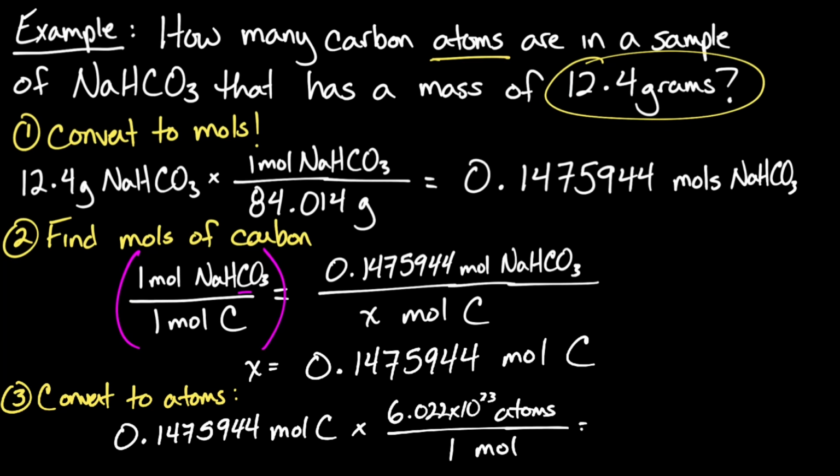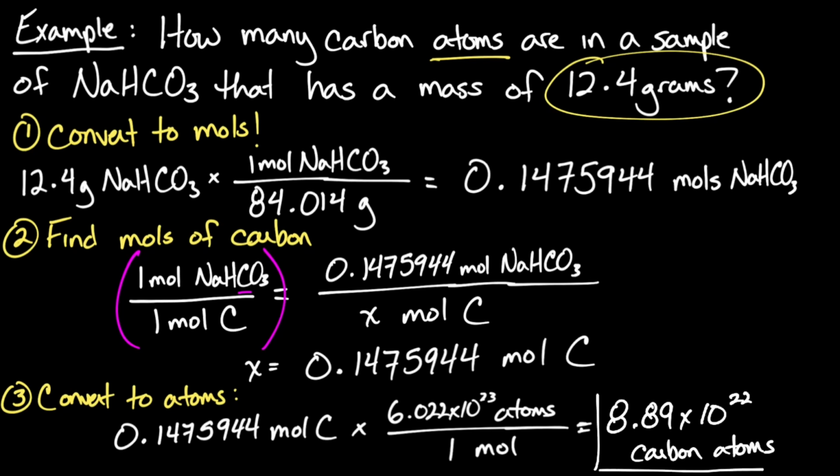So we're going to use Avogadro's number there as our conversion factor. Okay, so we throw that in the calculator and then round our answer to 3 sig figs, and we get 8.89 times 10 to the 22nd carbon atoms. And that is our final answer.